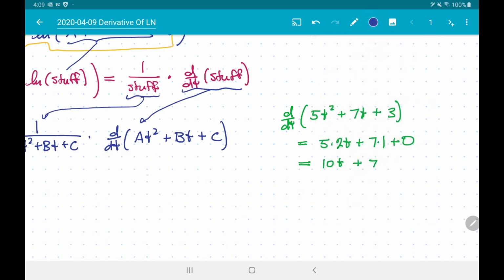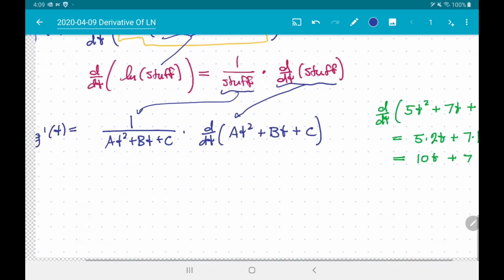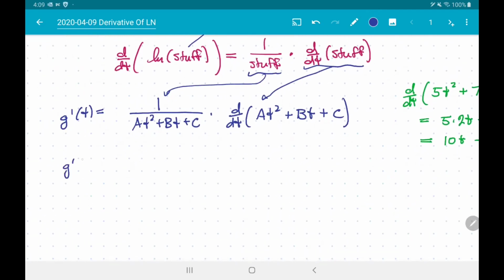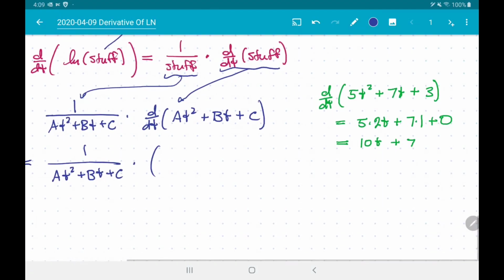I'm going to do the same thing over here, but instead of 5, 7, and 3, I have a, b, and c. Okay, so here we go. G prime of t equals, I'll leave the part that we've already done unchanged, at squared plus bt plus c, times, I'm going to go term by term.